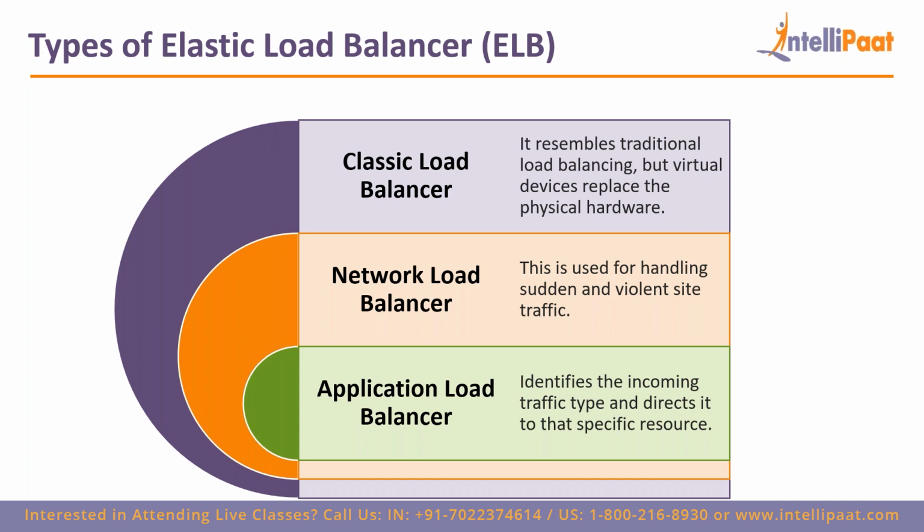An application load balancer is nothing but something you can use for an application. So again, I'm coming to the same example. There is intellipaat.com. We have a blog and a tutorial. It identifies the incoming traffic type and directs it to the specific source. So first of all, let's say there is intellipaat.com and we have a blog and a tutorial page.